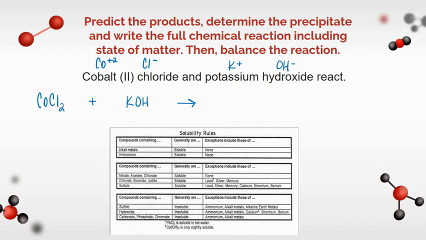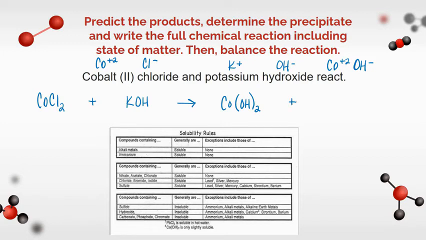Remember, our metals just switch places. So cobalt that was bonded to chloride is now going to be bonded to hydroxide. And if I have cobalt with a +2 charge bonded to hydroxide with a -1 charge, I would then need to have parentheses around my OH and a subscript 2 to balance those charges.